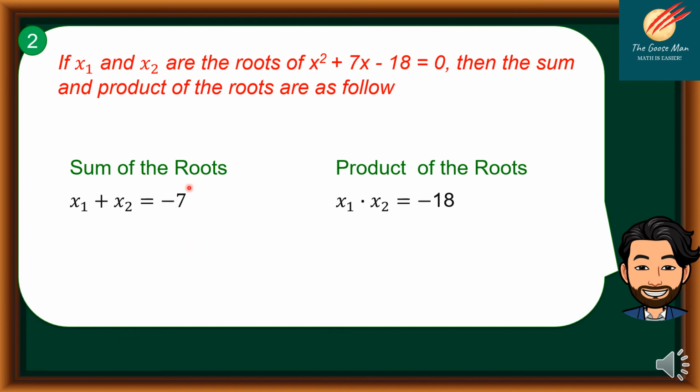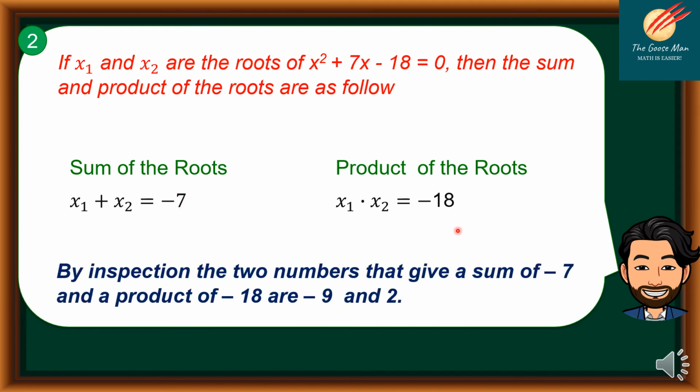Observe the relationship between the sum of the roots and the product of the roots. By inspection, the two numbers that give us the sum of negative 7 and the product of negative 18 are negative 9 and positive 2. These are actually the roots of the quadratic equation x squared plus 7x minus 18 equals 0. You may try it to find out if negative 9 and positive 2 are the roots of the quadratic equation.